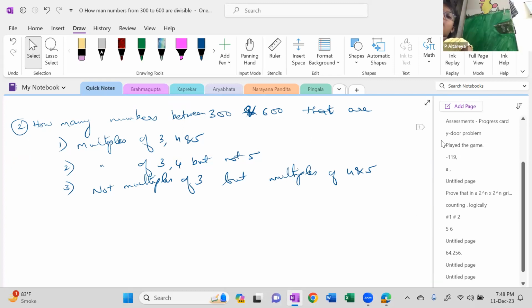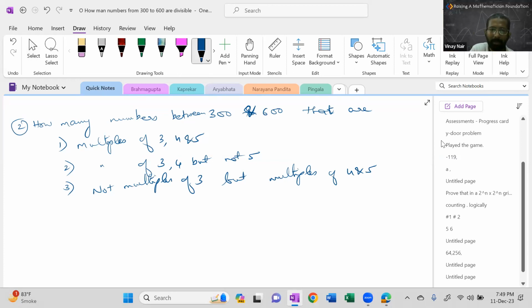Sir, here it is written multiples of 3, 4, and 5. So, are they common multiples of 3, 4, and 5? Correct. So here 'and' means 'as well as'. That means it has to be a multiple of 3 as well as 4 as well as 5.